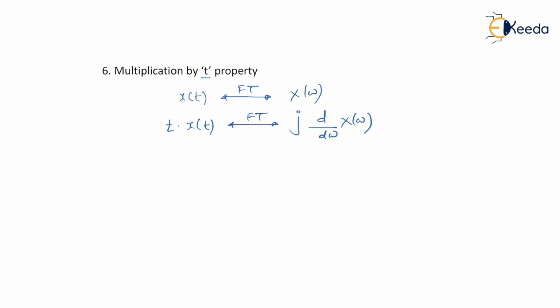Now it is the multiplication by t property. What is meant by the multiplication by t property? Let's say I have x of t which has Fourier transform X of omega. Since it is the multiplication by t property, it is in terms of the time domain. If the independent variable t is multiplied with x of t, then we will have a Fourier transform j d by d omega of X of omega.